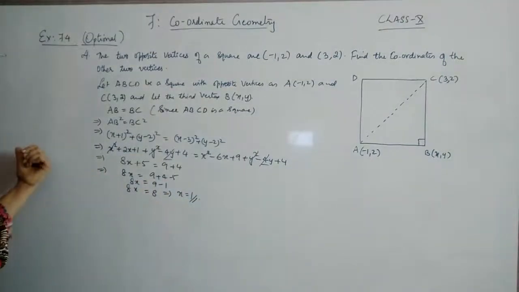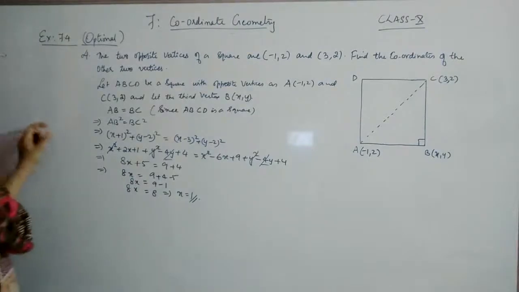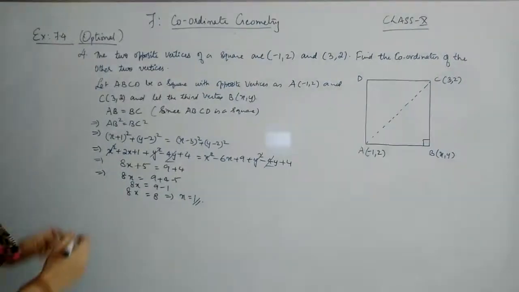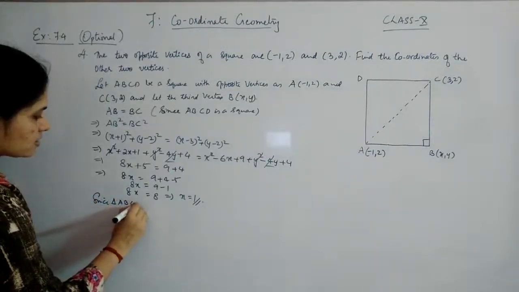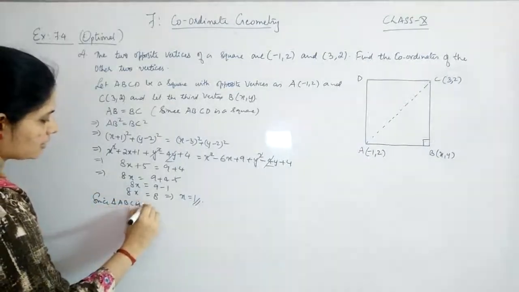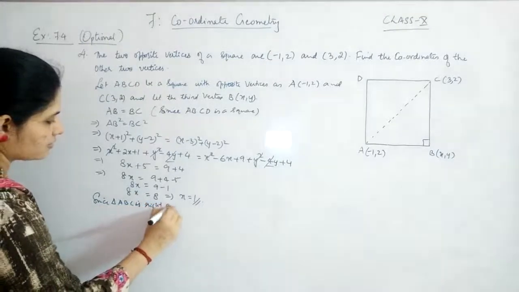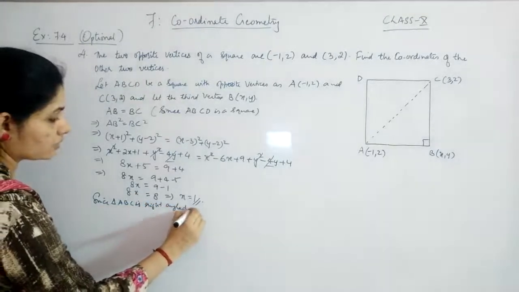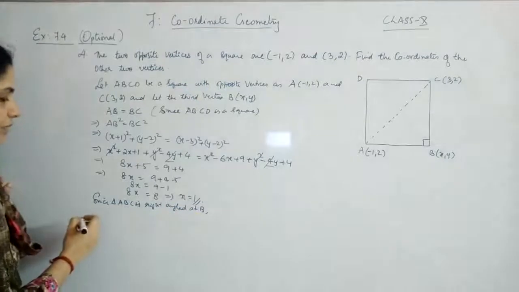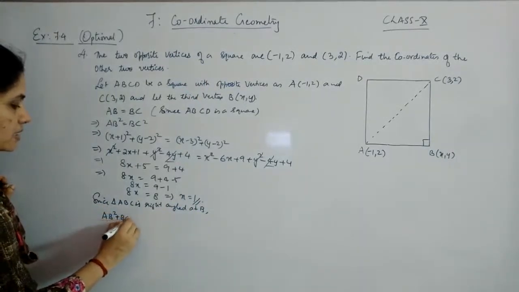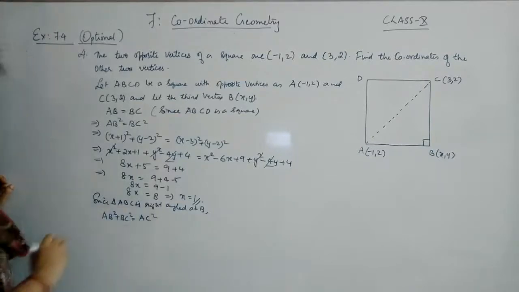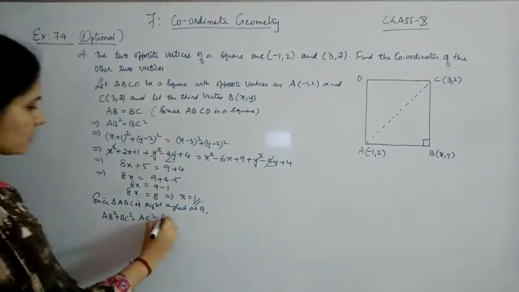Now we will use the other concept, that is Pythagoras theorem. So since triangle ABC is a right-angled triangle, right-angled at B, by Pythagoras theorem AB square plus BC square is equal to AC square, right? This is by Pythagoras theorem.